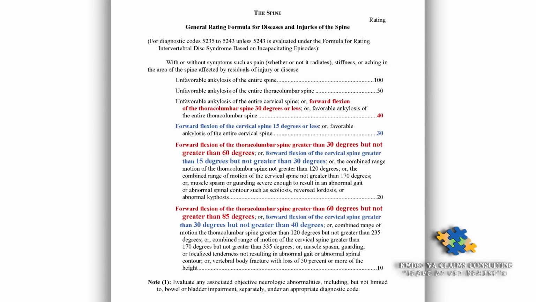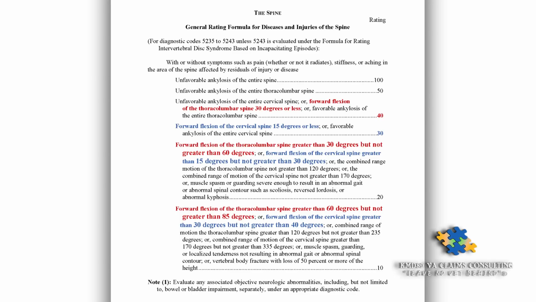Now, it states for diagnostic codes 5235 to 5243, use this criteria, okay? Now, when you look at those different diagnostic codes, there's different diagnoses for each one. So the most common one for a neck and back strain is 5237.